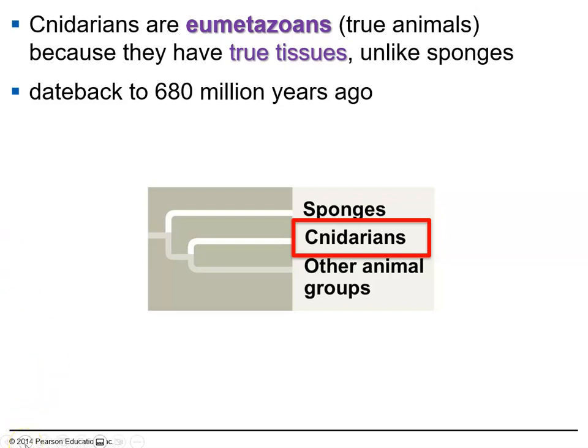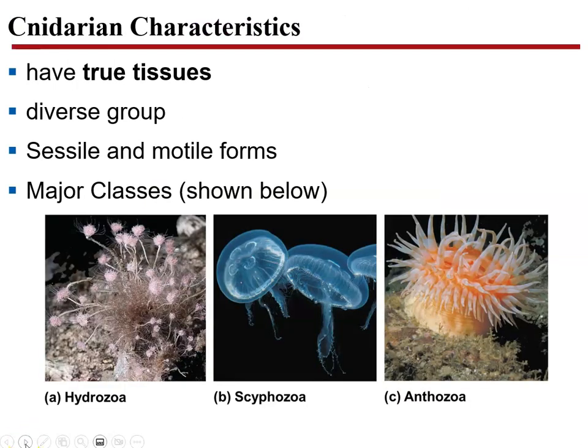So now let's look at what else differentiates cnidarians, not just from the sponges, because other animals are eumetazoans and have true tissues. It's not just the cnidarians that have those characteristics, but what cnidarians have that the others don't are, in addition to the true tissues, they come in a diverse type of forms, including both sessile, which means that they don't move around on their own, and medusa forms that can swim through the water or drift with the water, like the scyphozoans in the middle.